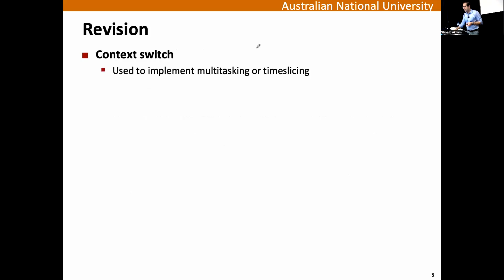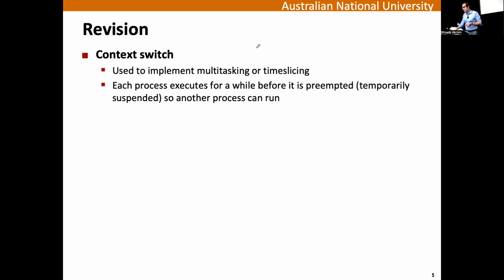Context switch is used to implement multitasking or time slicing. The basic idea is each process executes for a while before it is, the word here is preempted. Preempted means temporary suspension.